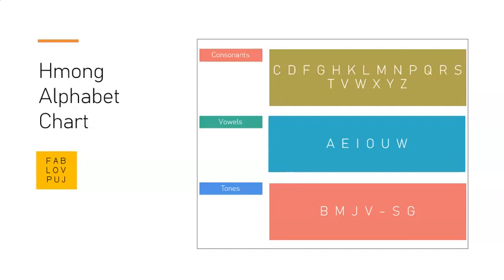So let's give that one a try. All right, you should have the "ba" with the "ooh", so "boo", and then exclamation mark, high falling: "boo".